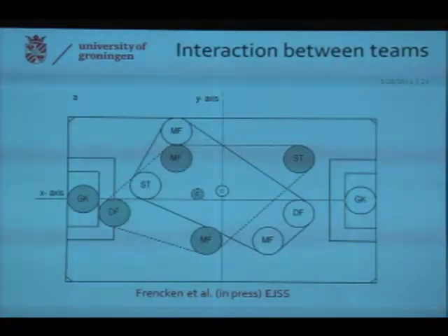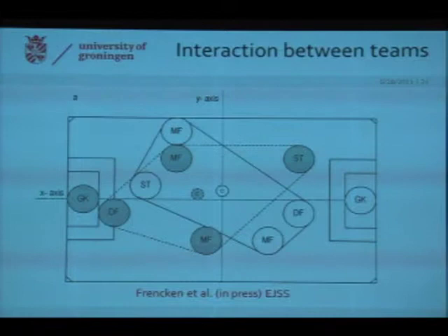In the same way, we can think of interactions between teams. Here we see two small-sided games, 4 against 4. And I've calculated centroid measures. The centroid is the average position of the outfield players of one team.